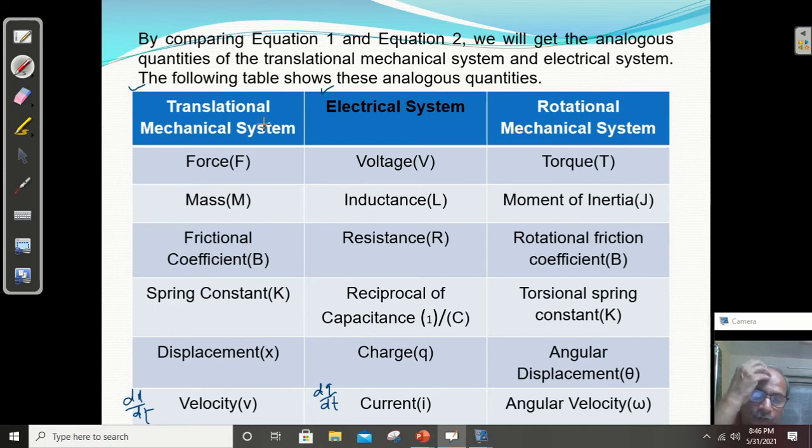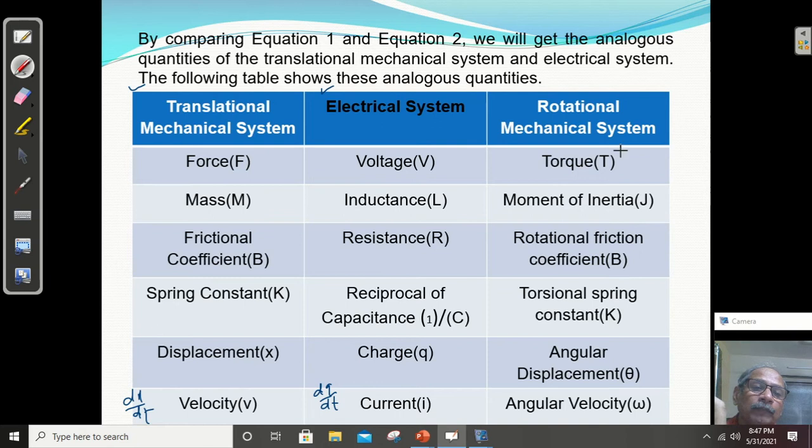Similarly we can get the analogy between the electrical system and the rotational mechanical system. So here, in place of force there will be torque, torque is converted into voltage, and mass is replaced by moment of inertia J. If it is a rotational mechanical system, here it is B, it is a resistance, here also B. We have seen these quantities in the last lecture.